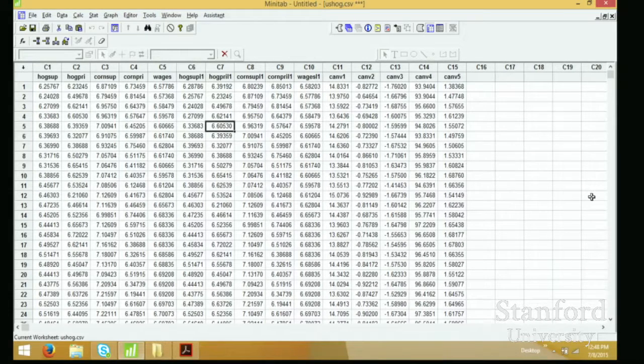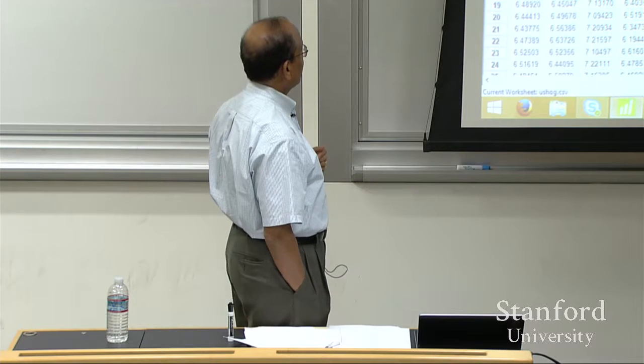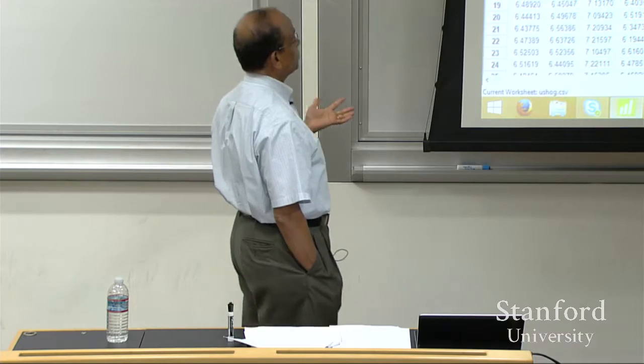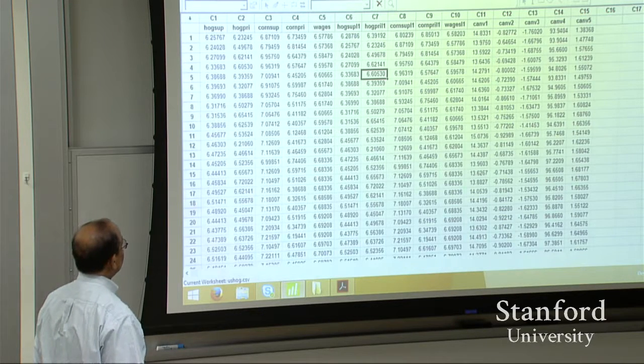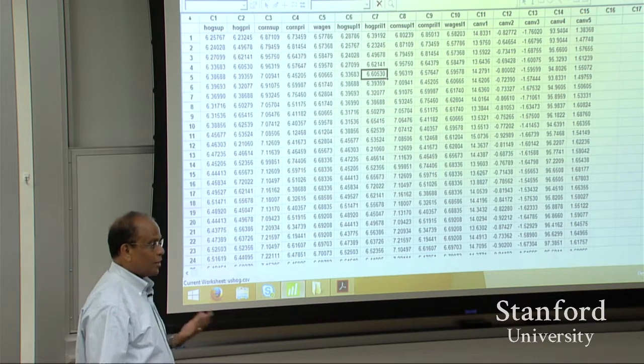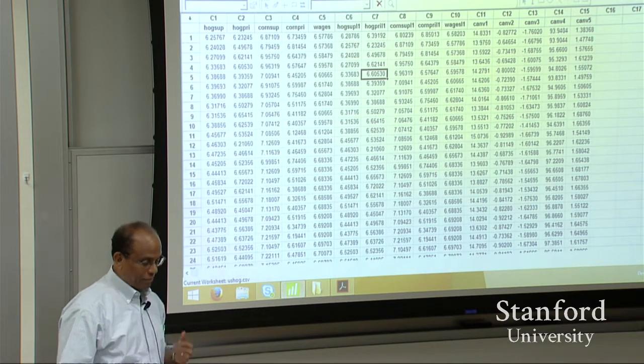Today I am not going to use that one, so I am just going to stick with this first 5 series here. Okay? The ultimate goal is to see the connection between the hog supply, which is the output, corn, which is one of the inputs, and wages, which is another input. So we want to see the connection between input and output relationship. That was the main idea here.